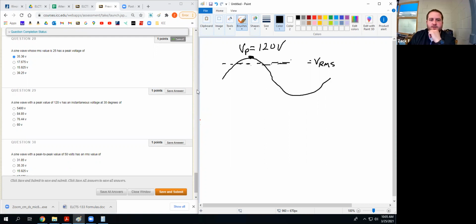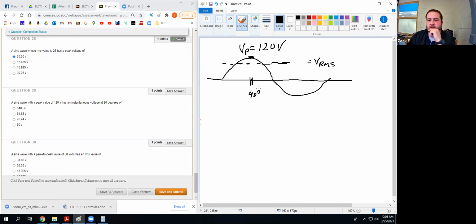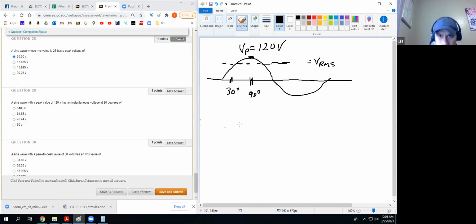It's the instantaneous voltage at 30 degrees. What it's saying is at 90 degrees it's 120 volts. So what is it at 30 degrees? Remember how to do that? 40 volts.